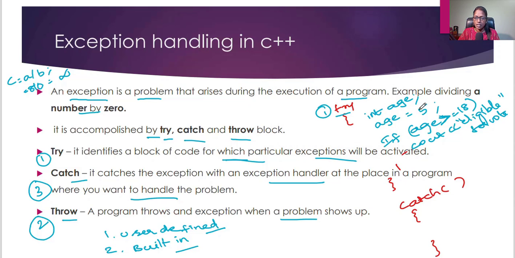If age is less than 18, it will throw that exception, throw age. So what happens if the age is less than 18? It will come to the statement throw age. Throw will immediately come to this catch block. Here I am giving int a, so the age value is assigned to a.